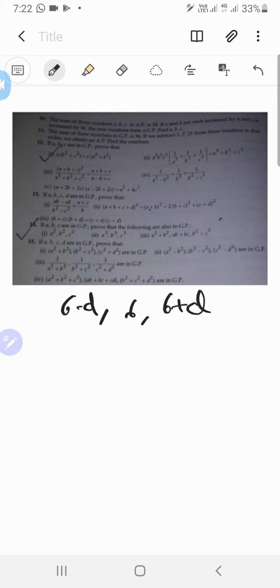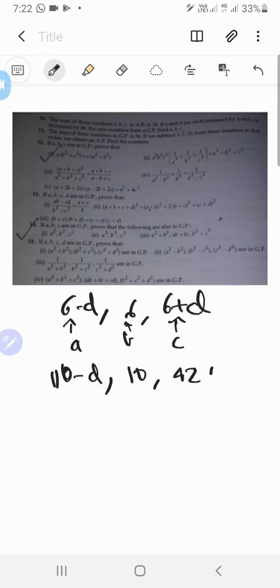If A and B are each increased by 4 and C is increased by 36, so this is A, this is B, this is C. If A and B are increased by 4, we get 10 minus d, and then 10, and C is increased by 36, so in that case you will get 42 plus d. The new numbers form a GP, find A, B and C.